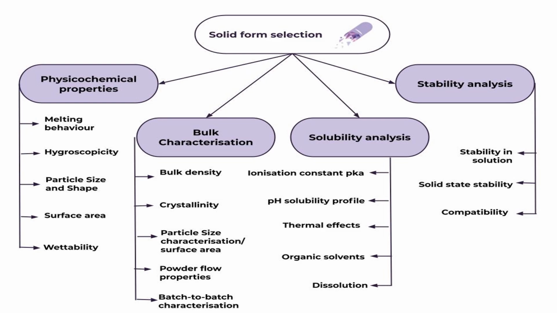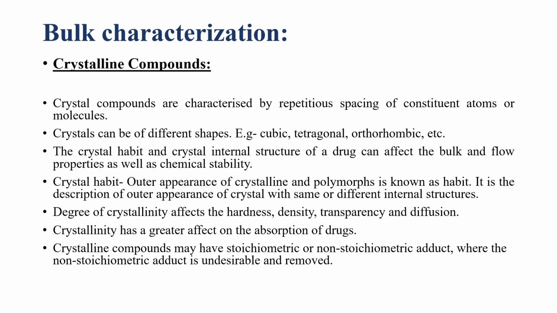Next, powder flow properties and batch-to-batch characterization. Next is solubility analysis: ionization constant, pH solubility, thermal effects, organic solvent dissolution, and stability analysis: stability in solution, solid state stability, and compatibility. This is a tabular form of the previous slide, which we will also discuss further.